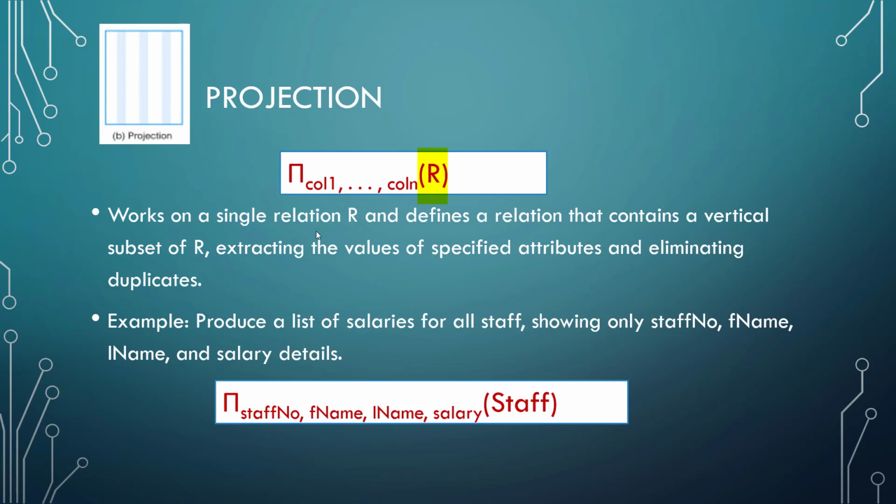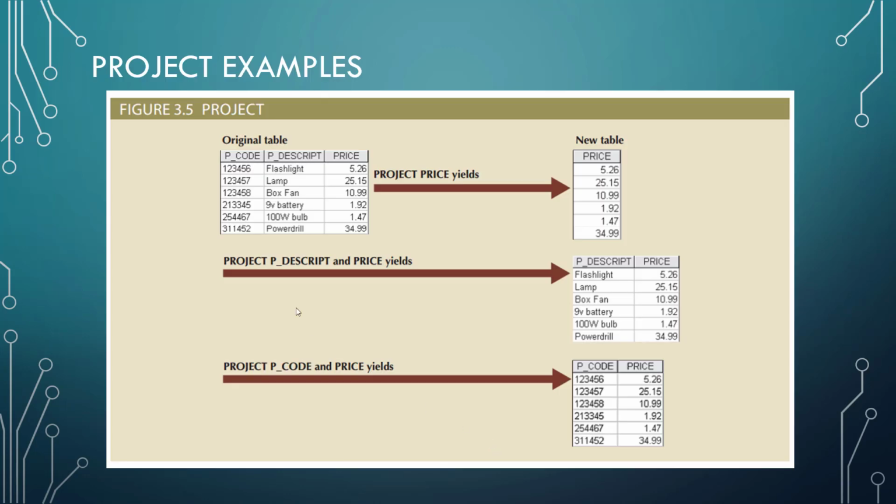So it works again on a single relation, that's called unary, and it defines a relation that contains the vertical subset of R. An example, produce a list of salaries for all staff, showing only the staff number, the first name, the last name, and the salary details. So we use the pi operator, and then in the subset, we write down our column names, and then followed by that with a parenthesis and the relation name.